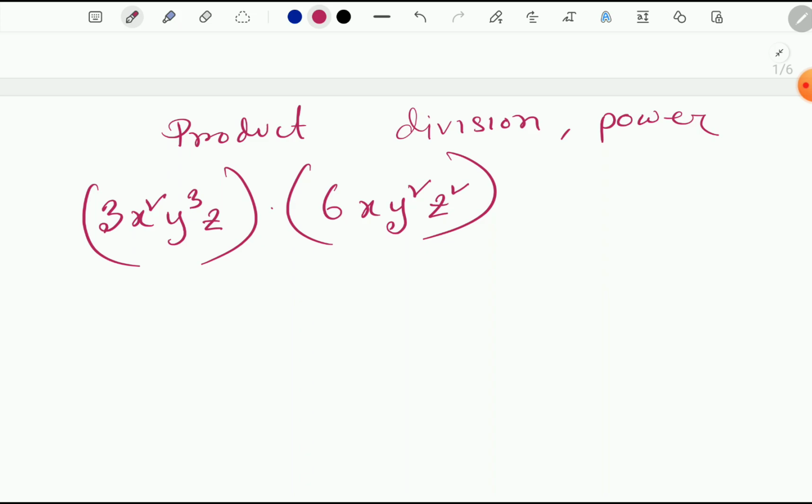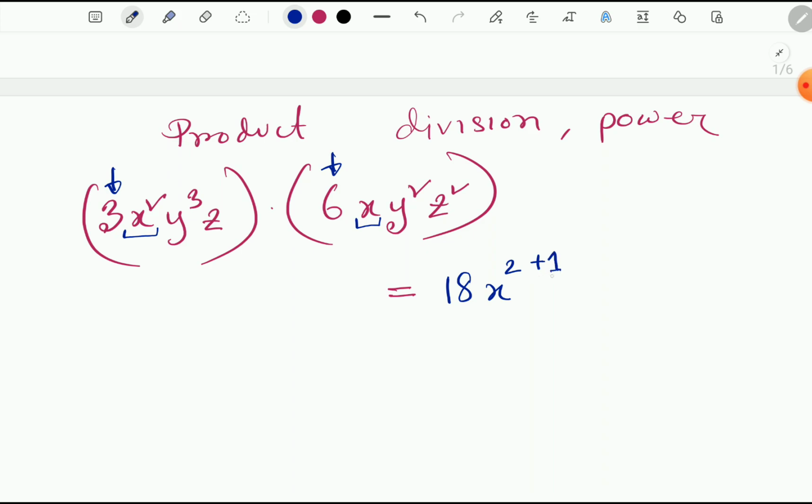So in this case, first of all, we have to multiply the numeric terms 3 and 6. So it gives us 18. Then one by one we'll look. Here the x squared and here the x. So we'll write x and we'll add their powers: x squared from the first uninomial gives us power 2, x from the second uninomial gives us power 1, so we'll just sum them.